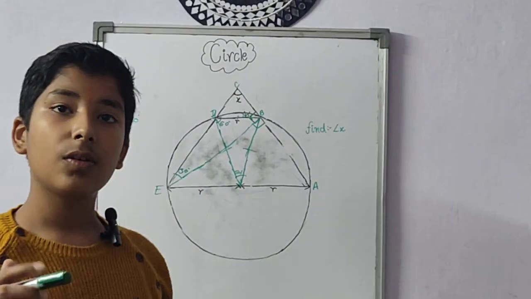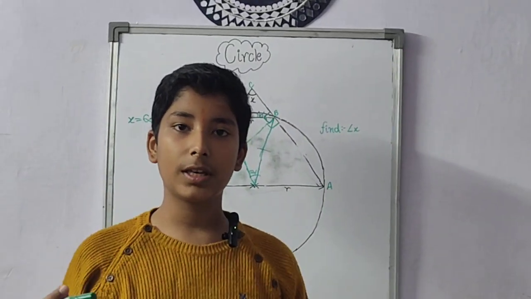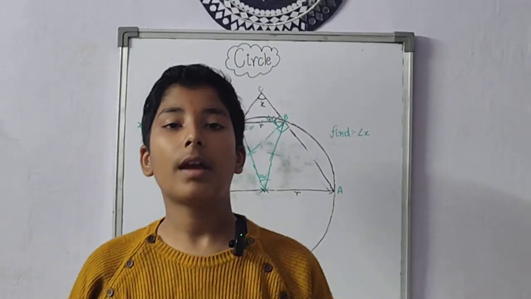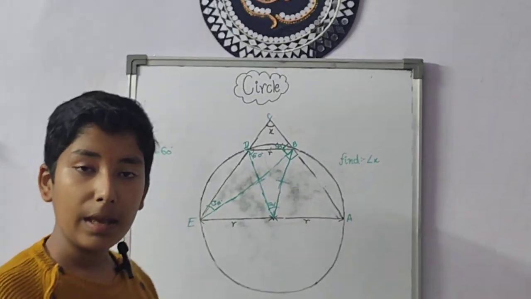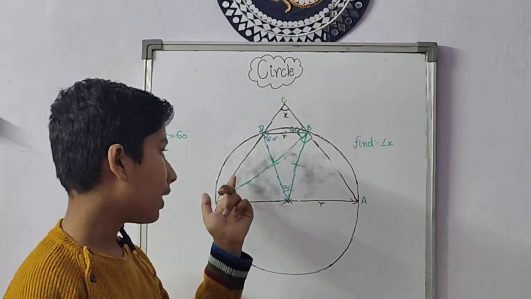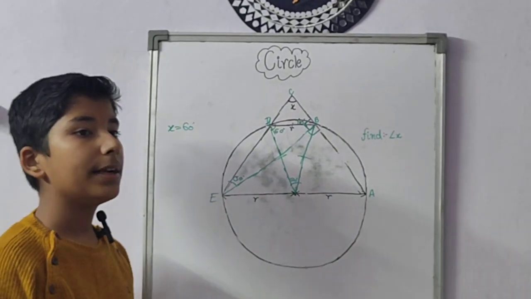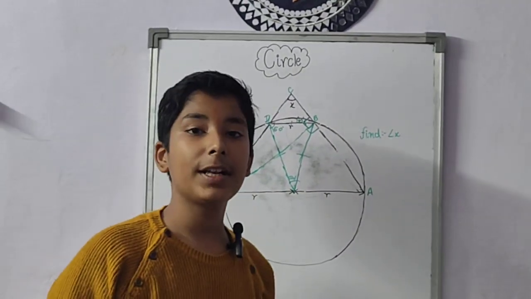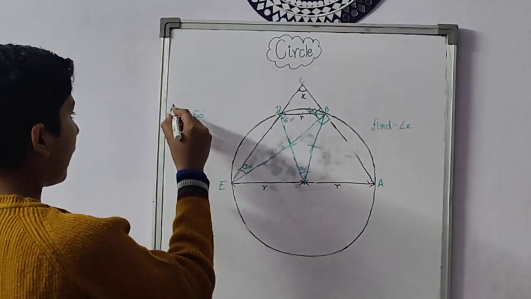It is a plus b plus c equal to 180 degree, means the sum of interior angles of a triangle is 180 degree. So 90 plus 30 plus c will be 180 degree. So 180 minus 120 will be 60 degree, which will be our x.